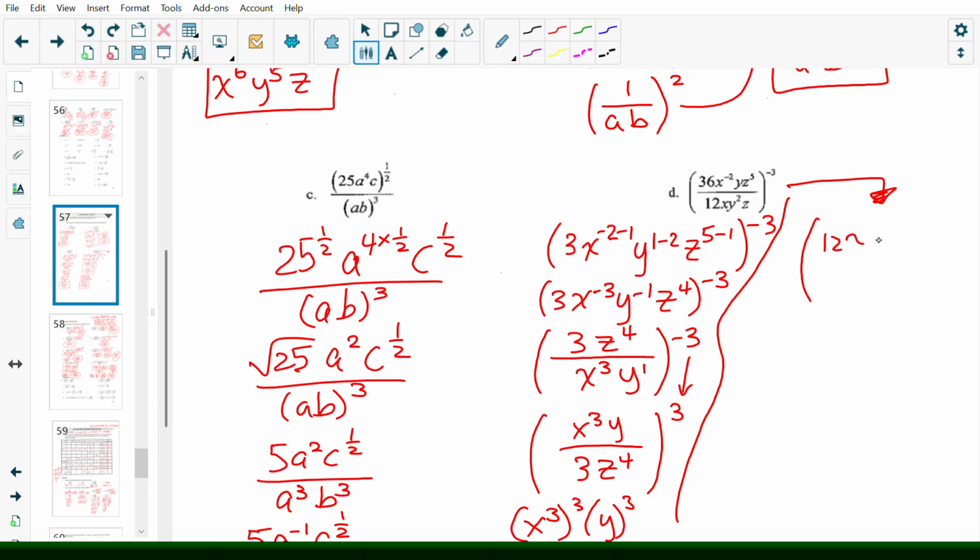That's 12x y squared z over 36 x to the -2 y z to the 5th, and that's all to the 3rd. Notice this exponent -2. When I flipped it, I don't change that -2. I only change that one, the -3, to a +3.